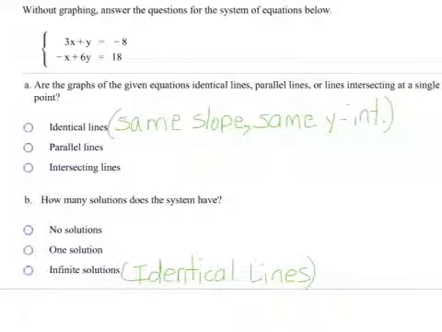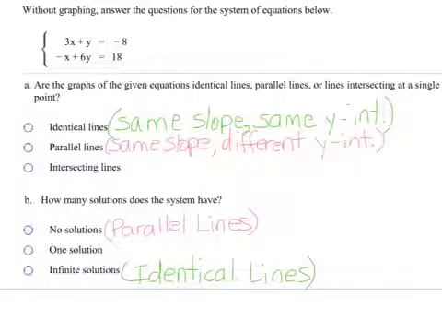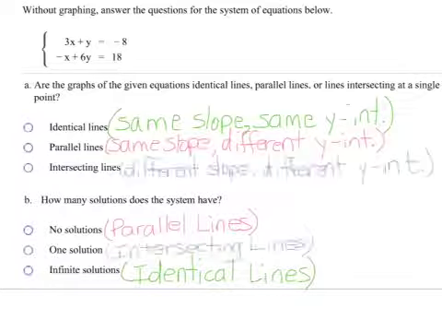So there's an infinite number of solutions to identical lines. Parallel lines have the same slope, but different y-intercepts, different starting points. And those lines will have no solution because they never cross. There's never going to be a solution to a system of equations where the lines are parallel.